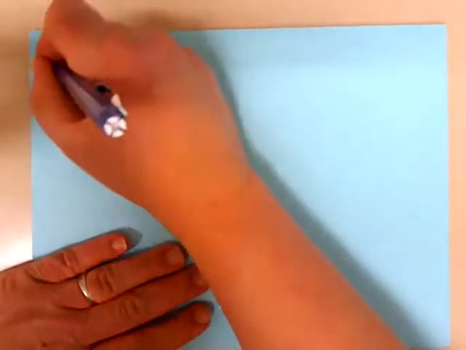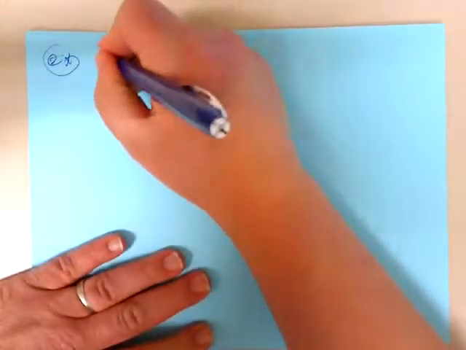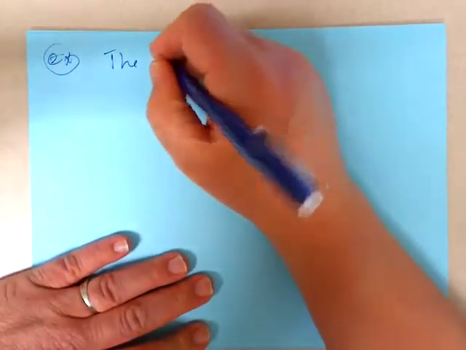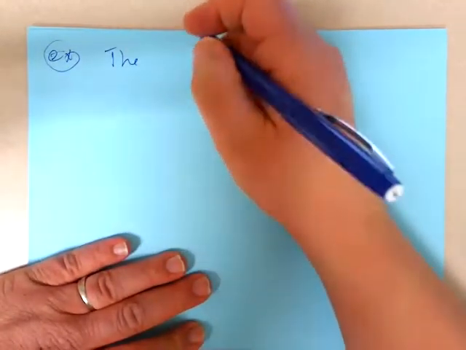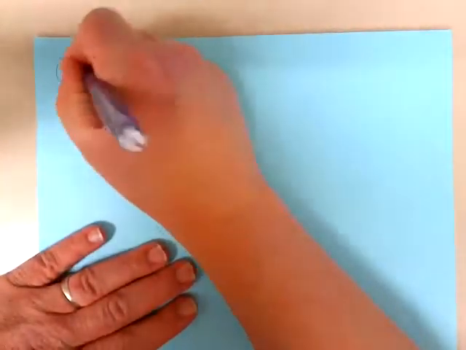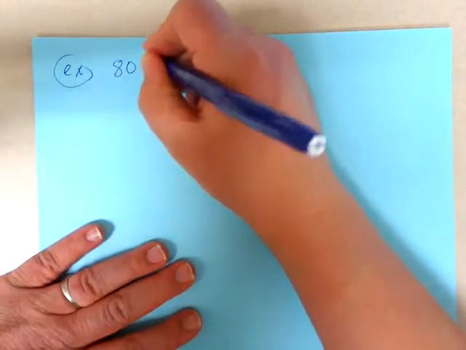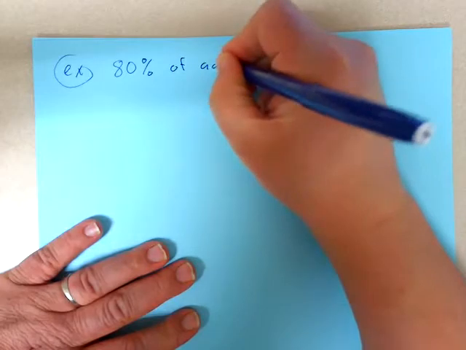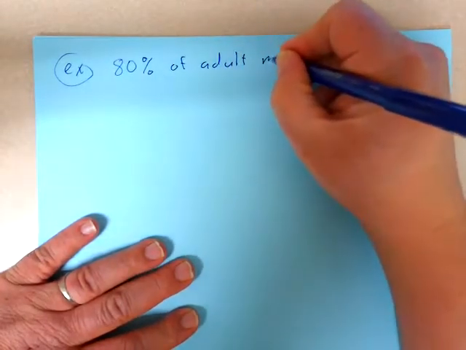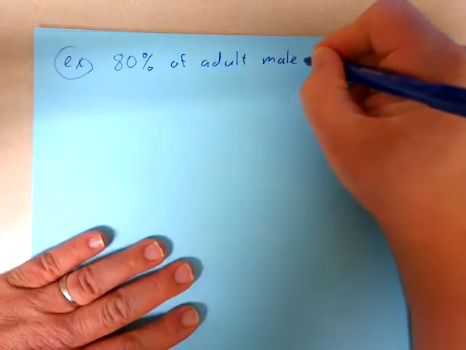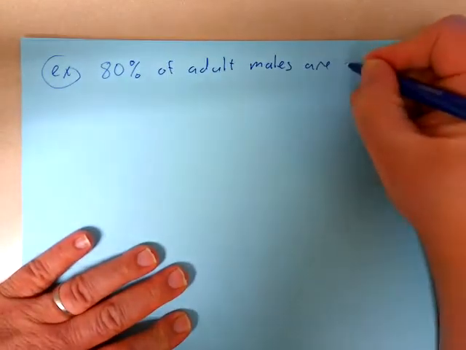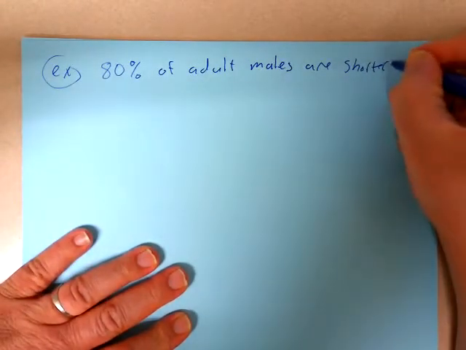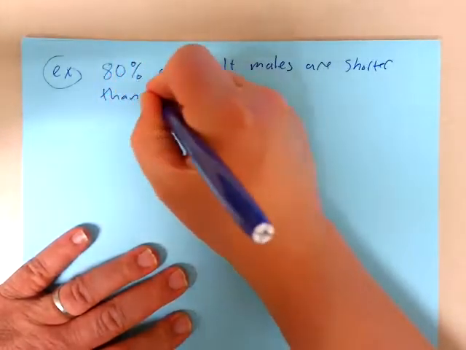So let me do this differently. Let's say 80% of adult males are shorter than 6 feet.